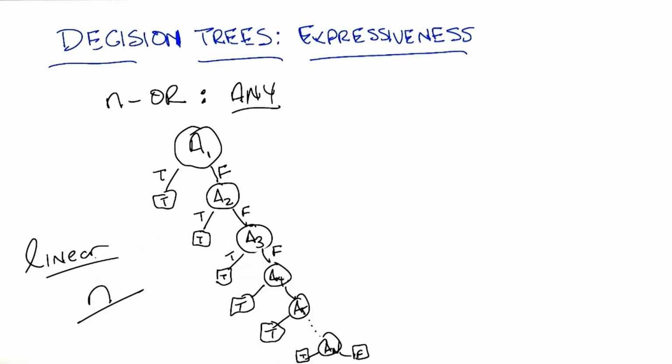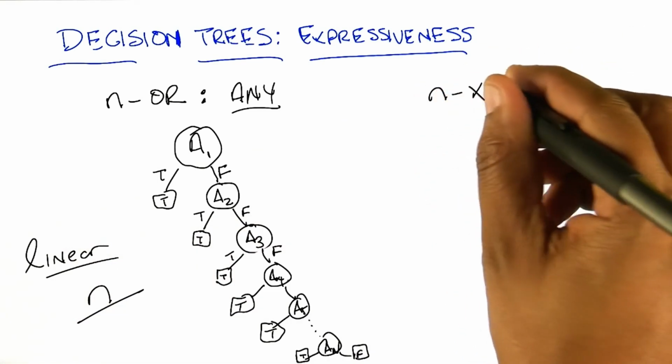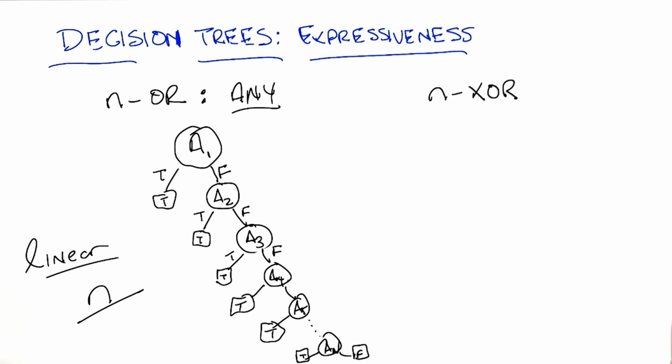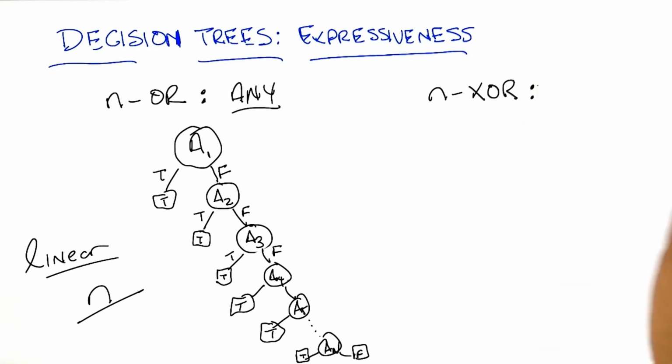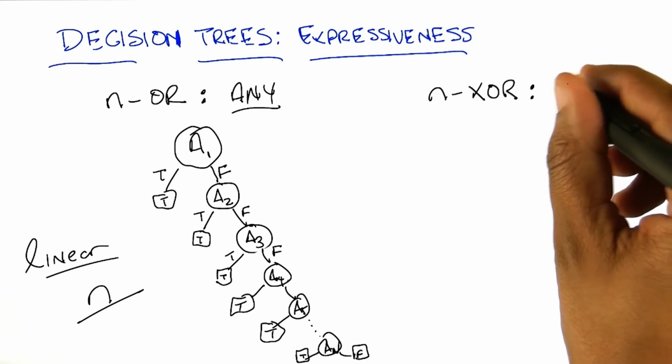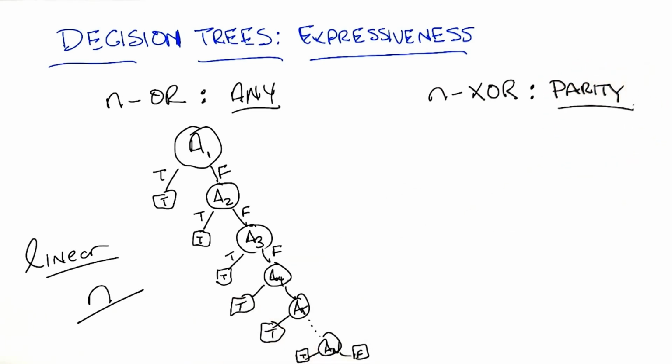Now, what about an N version of XOR? XOR is if one is true but the other one's not true, then it's true. And if they're both true, it's not clear how to generalize that. So why not? Well, the usual general version of this we like to think of is parity. Parity is a way of counting.